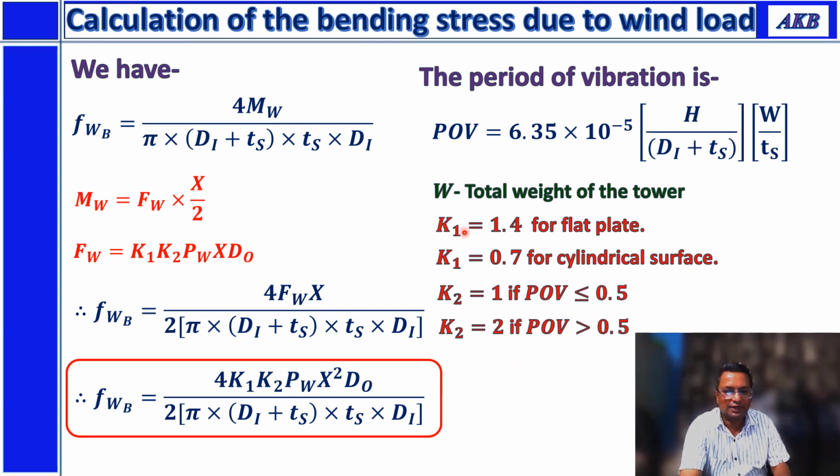So in this way you can get values of K1 and K2 and then use in this equation to get the bending stress that is due to the wind pressure acting on the column, acting on the height part of the column up to a distance of x from the top.